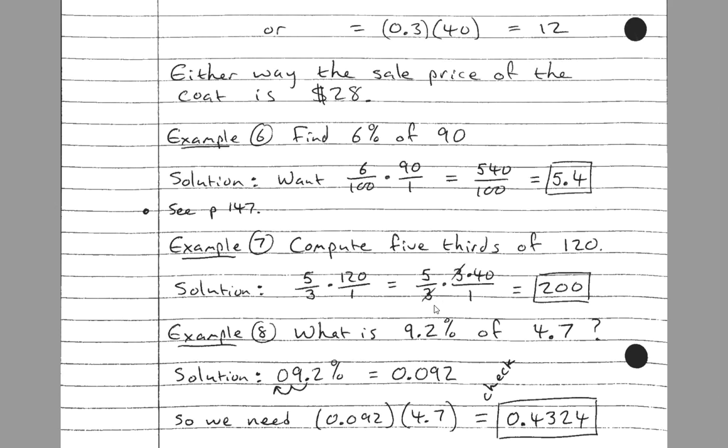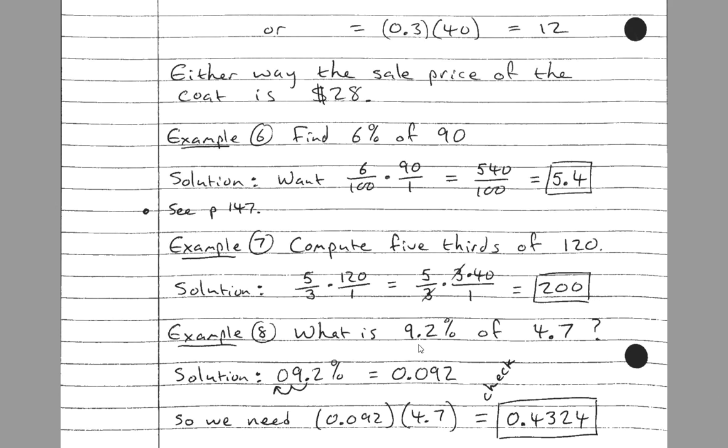Those cancel. We're left with 5 times 40, that's 200 over 1, so that's just 200. So 5/3 of 120 is 200. Without pre-canceling, it's 600 over 3? Still 200.